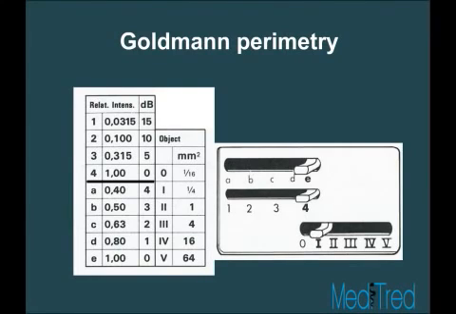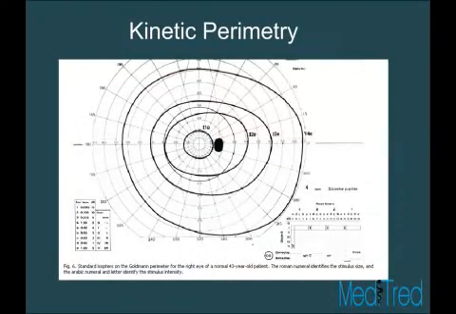Goldmann perimetry is the classic kinetic perimetry, and the Goldmann allows for different sizes of the test stimulus as well as different illuminations. This is a sample of a kinetic perimetry plot, and you can see the different Roman numerals, numbers, and letters that indicate the isopters, the different size targets that are seen in each defined area.